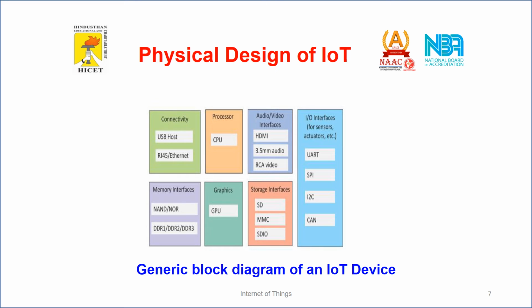And for the display, we can have the GPU, graphics processing unit, and audio video interfaces are also available with IoT devices. For the storage, we can go for eMMC and SDIO. For the input and output interfaces for the sensors and actuators, we can go for so many I/O interfaces like UART, I2C, SPI, and CAN.